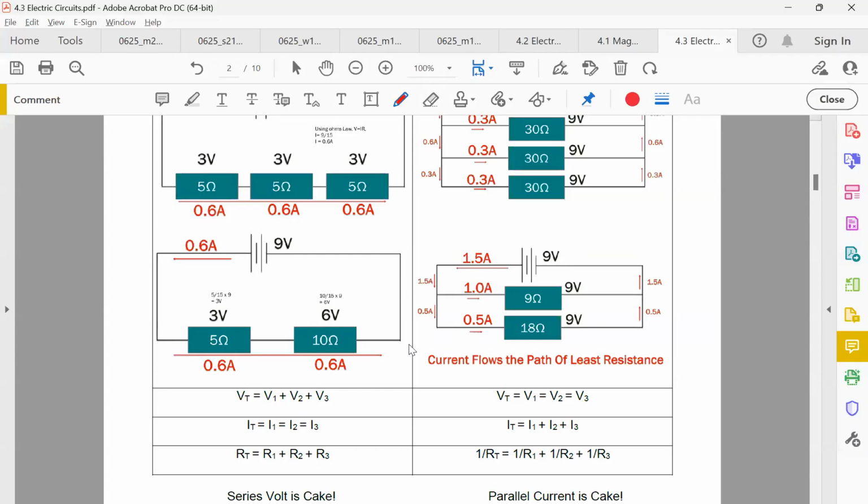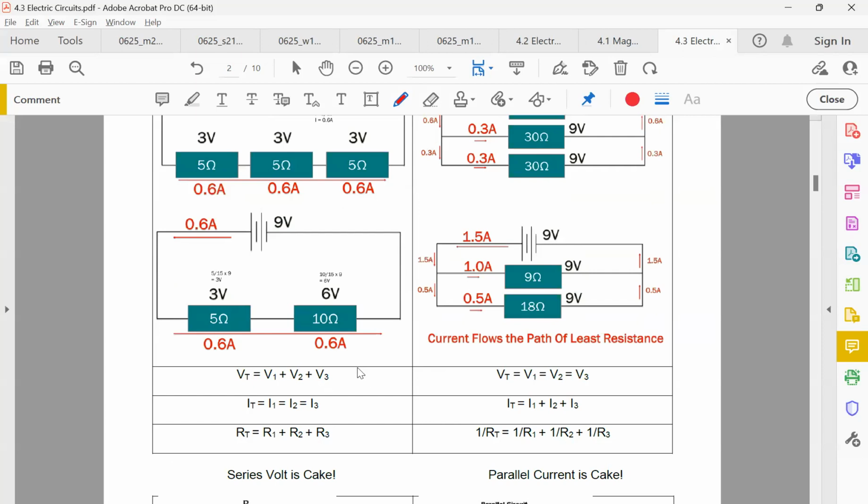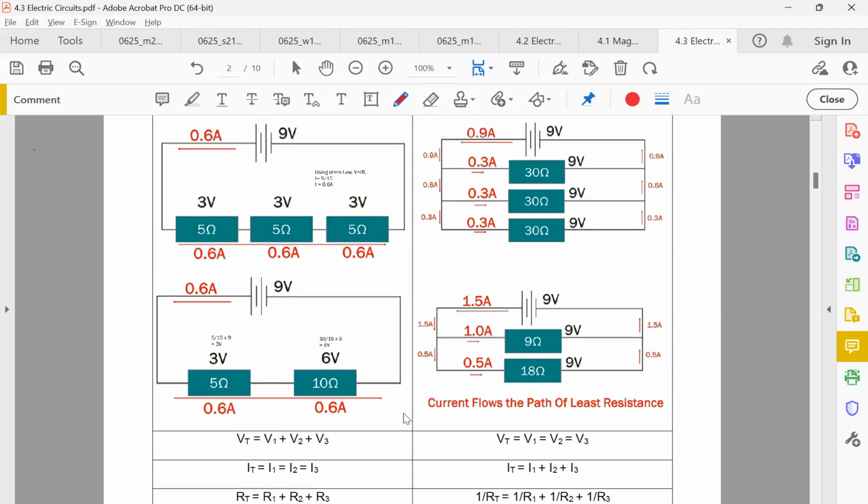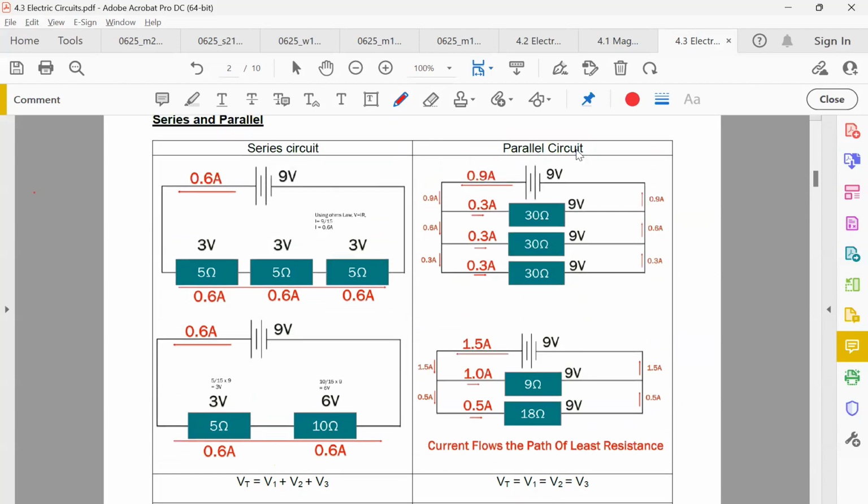You need to know in terms of series and parallel circuits how Ohm's law behaves here, guys. If you look at the formula, it's actually just Ohm's law arranged in a different manner. Total voltage equals total current times total resistance. Just that in terms of series and parallel circuits, if one of them splits, the other one will be equal.